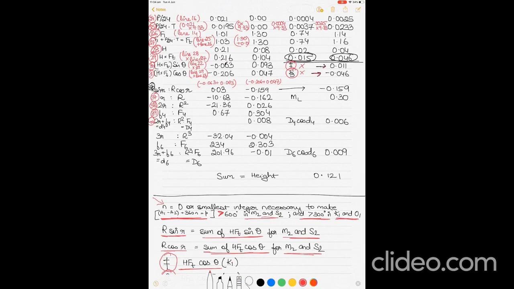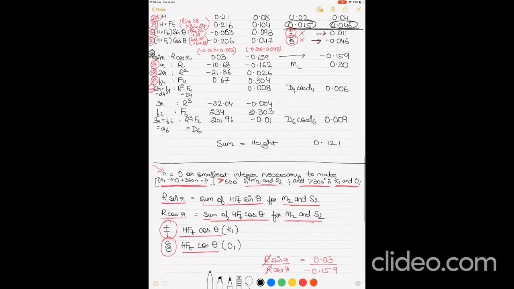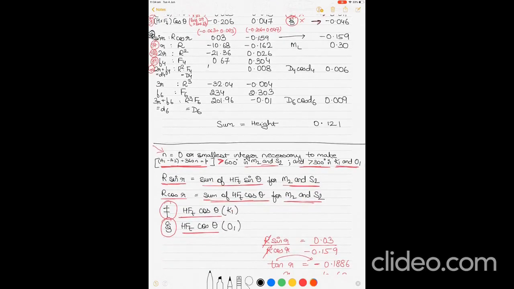So I must correct these values. So 2r plus f4 is minus 20.69, and r square plus F4 is 0.26 and 0.304. Alright, you get line number 40.